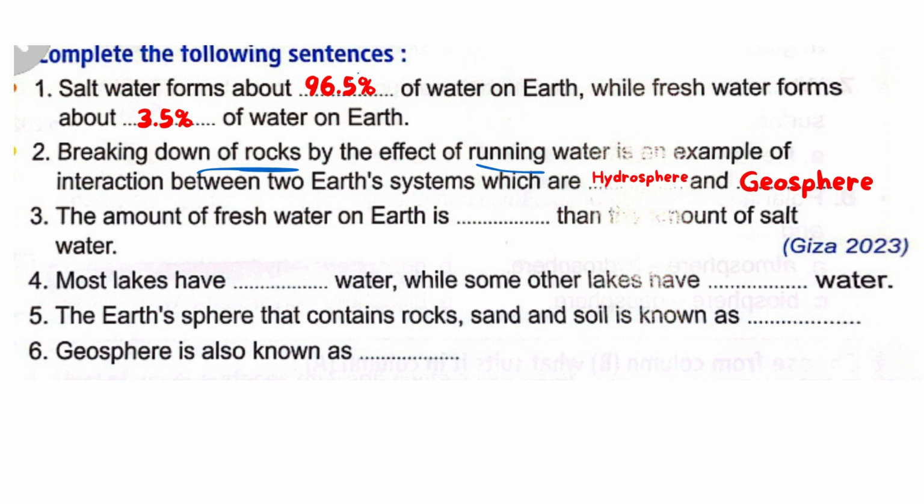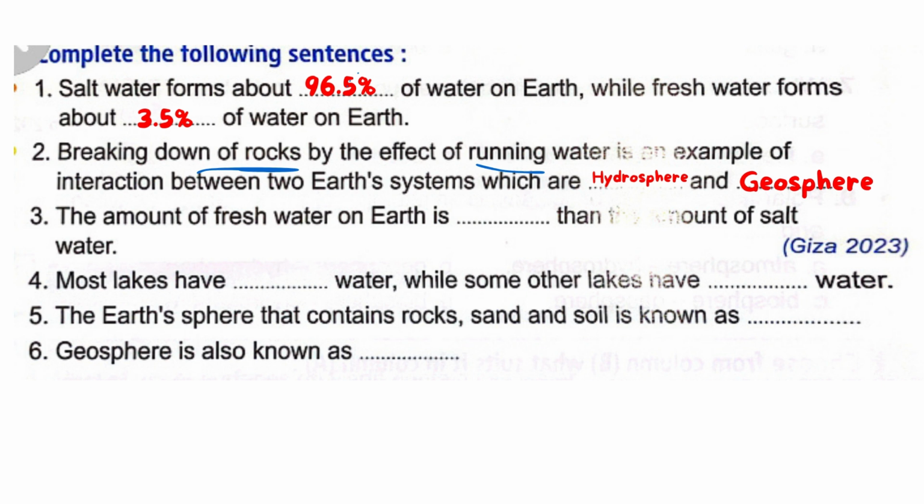So we have another question. The amount of fresh water on Earth is than the amount of salt water. Yes, we know that the amount of fresh water is only 3.5% of the water, but the salt water is represented by 96.5%.